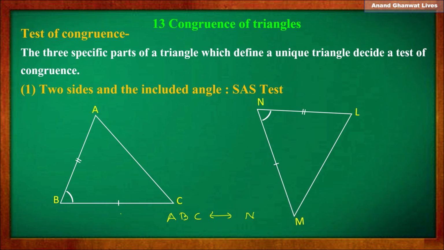So BC is congruent with MN. So M is here, and the remaining point, that is L, is here. So the one-to-one correspondence between these two triangles is ABC one-to-one correspondence LNM, and therefore triangle ABC is congruent with triangle LNM.